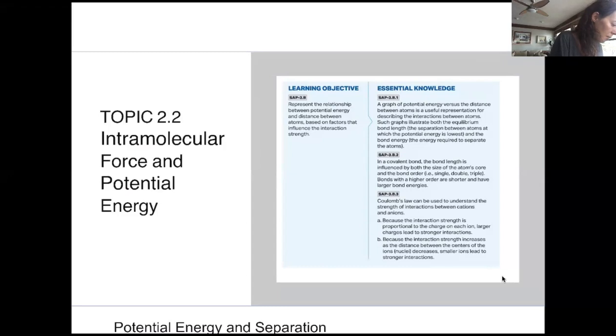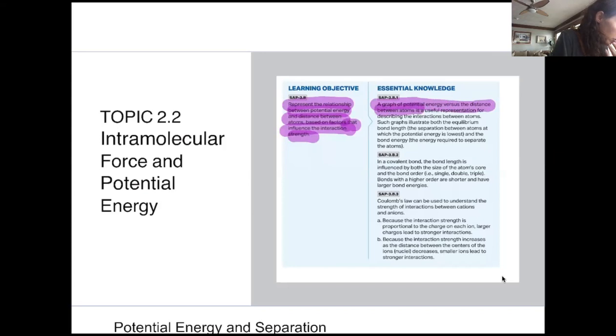Okay. We are representing the relationship between potential energy and distance between atoms based on factors that influence the interaction strength. Our main concern is going to be looking at and understanding a graph of potential energy versus the distance between atoms.